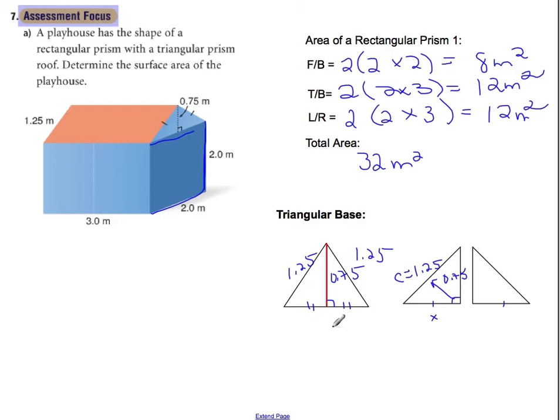The side opposite the right angle is C. I'm going to call this A, and the other one is B. So A squared is equal to C squared minus B squared. A squared is equal to 1.25 squared minus 0.75 squared.